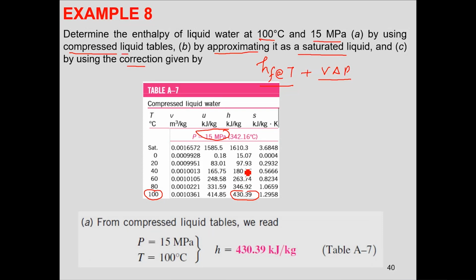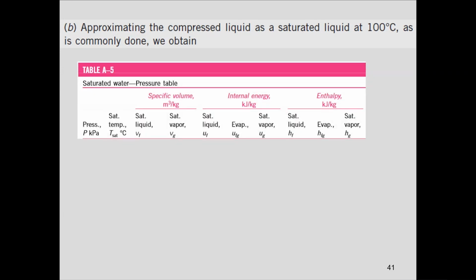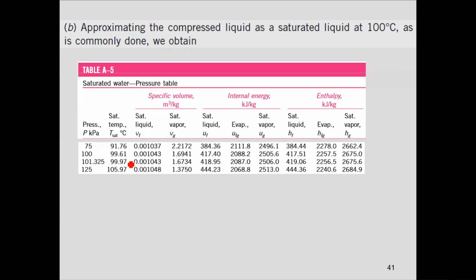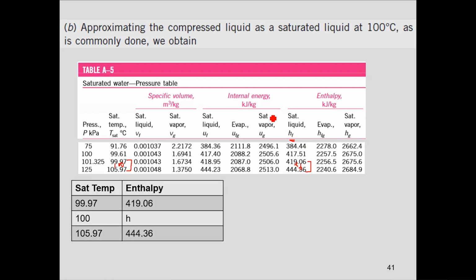When you have to approximate it as saturated liquid, you know your temperature is 100 degrees centigrade. So you have to find the saturated liquid enthalpy value at the saturation temperature of 100 degrees centigrade. So you'll go to table A5. In table A5, you have saturation temperatures given as 99.97 and 105.97. 100 lies in between, so you'll have to do the interpolation for the H value, where you can find the Hf saturated liquid value at the desired temperature.